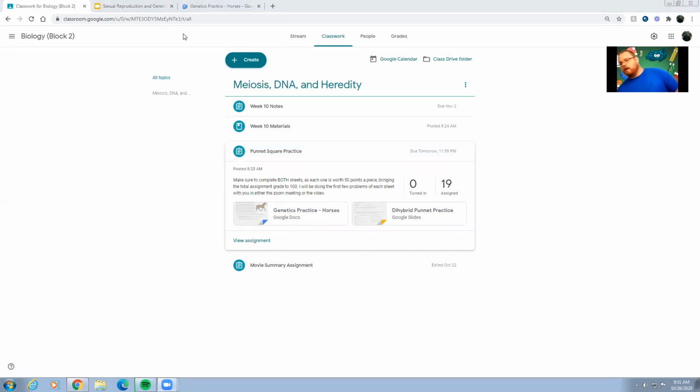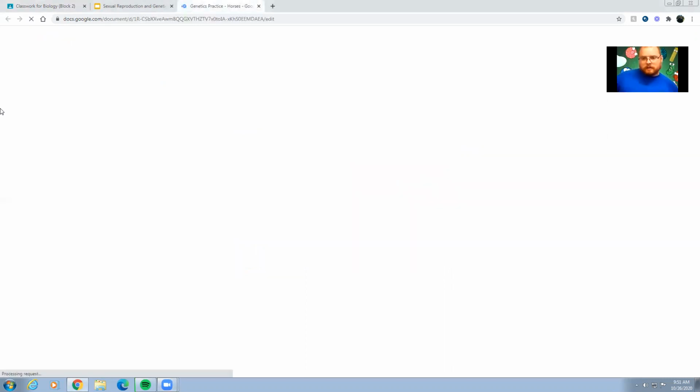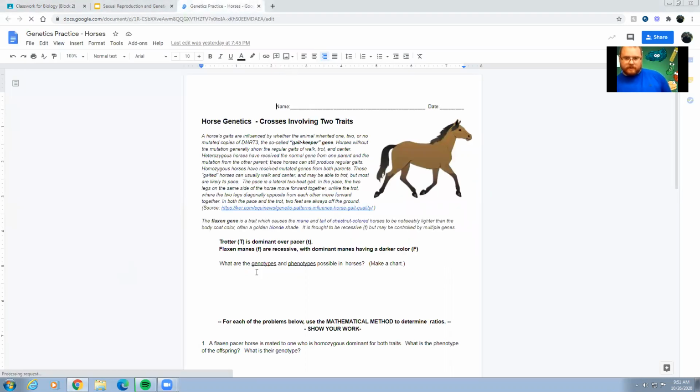Each of you got your own unique worksheet. So you're going to read this section. Horses' gaits are influenced by whether the animal inherited one, two, or no mutated copies of DMRT3, the so-called gatekeeper gene.